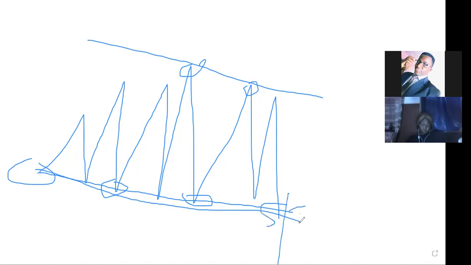This becomes the support trend line. And this part here, it's your resistance. So this becomes your resistance trend line.